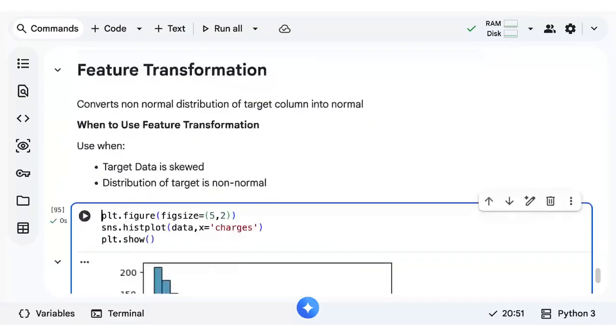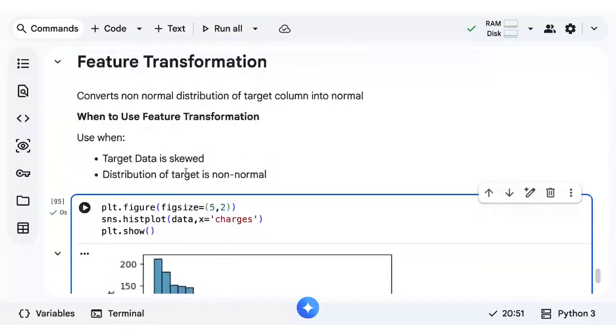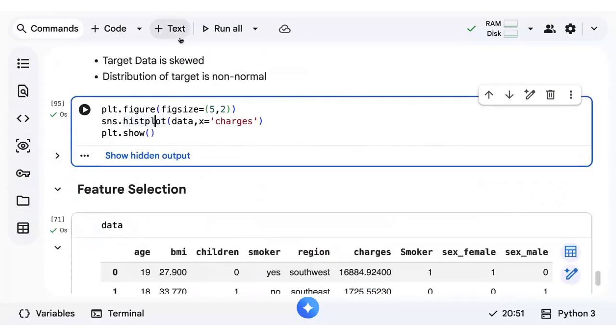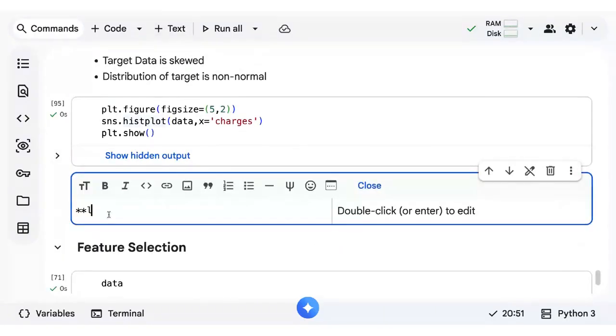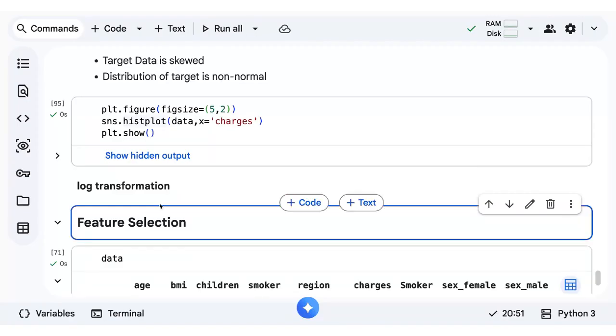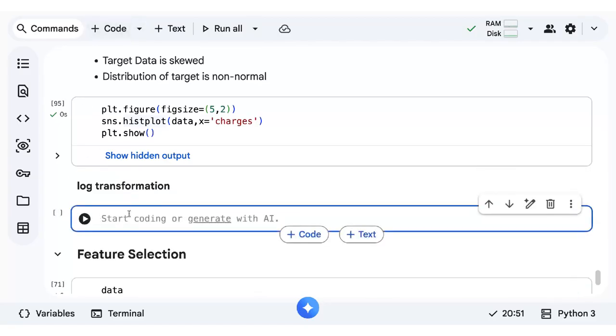Let me show how it works. Take this definition. This is the actual data distribution of charges. Now I'll be applying a log transformation. When I say log transformation, I'm just applying the log function. Like this, you can apply the exponential or the square root, but I'm going with the log transformation, which is really good and simple.